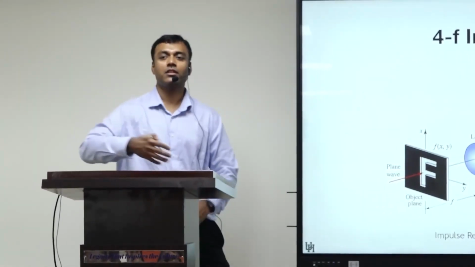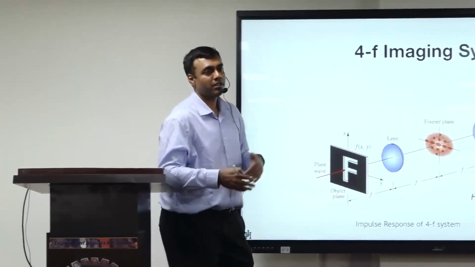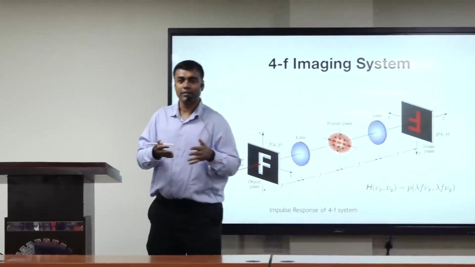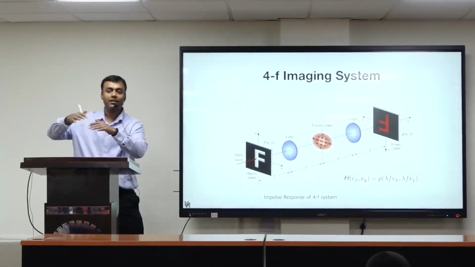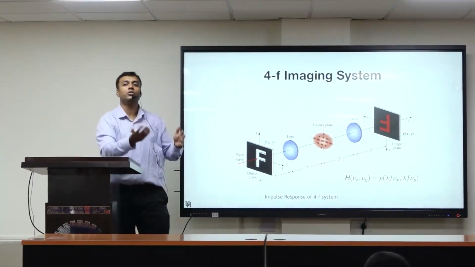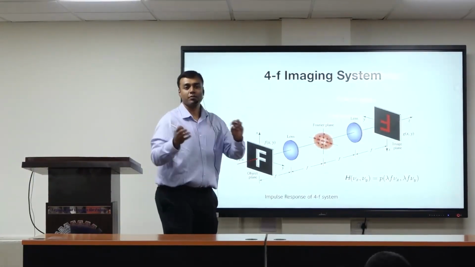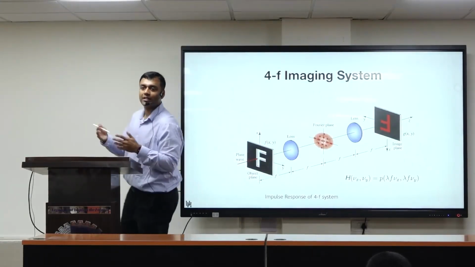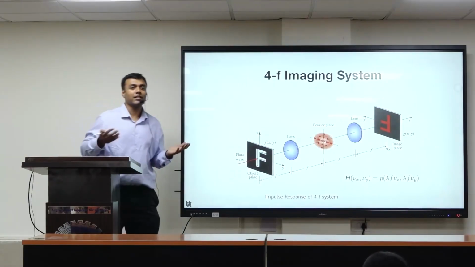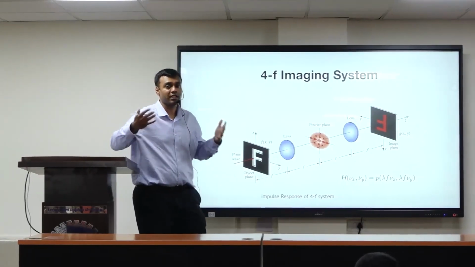Imagine in a one-dimensional case, you have a signal, you compute the Fourier transform, then you can do some filtering, right? You can remove high frequencies, you can remove low frequencies, and then you can take the inverse Fourier transform, and you change the signal. That's a signal processing system.